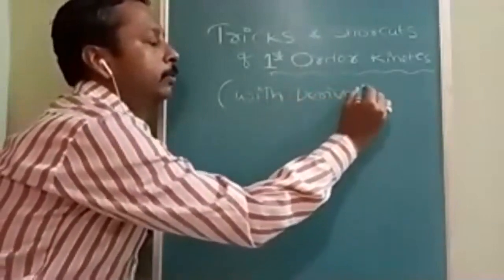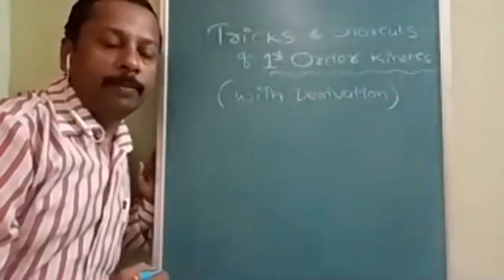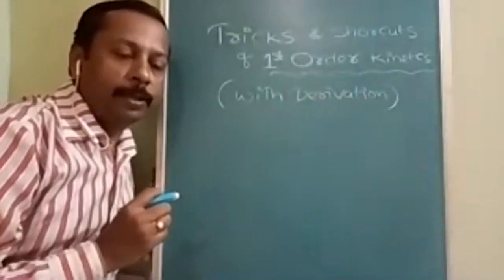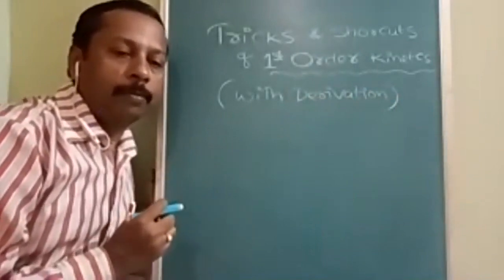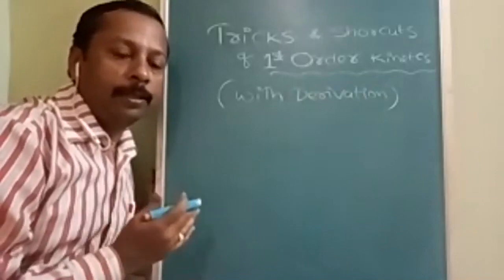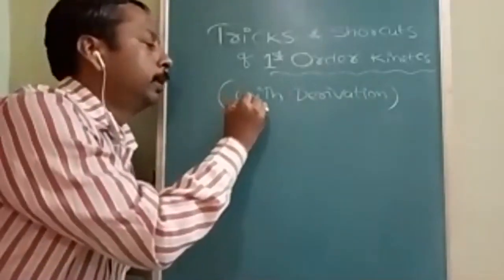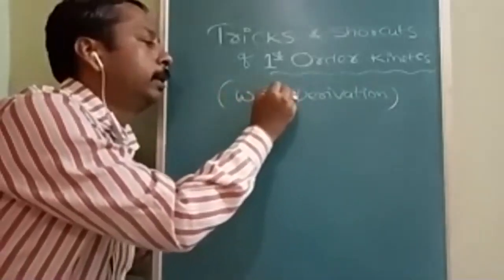Actually, the problem students are facing is that to save time they go with the shortcuts, but in the tension of the exam, they forget the shortcut formula itself, and the logic behind that shortcut as well. So there is a universal method: one derivation, two derivations, or three derivations.